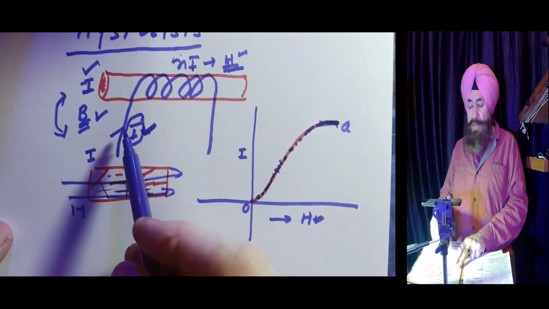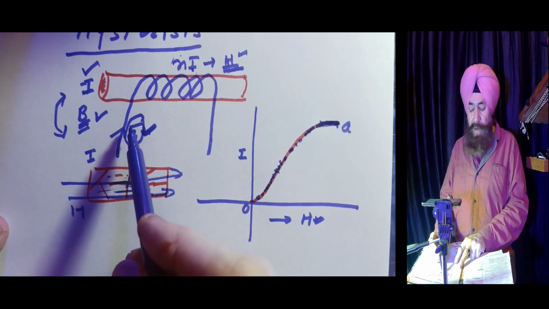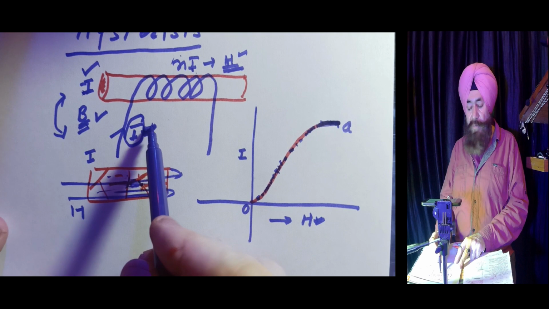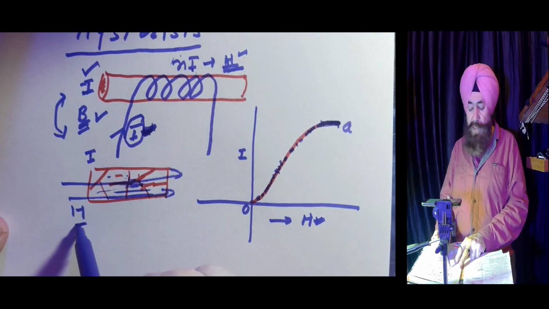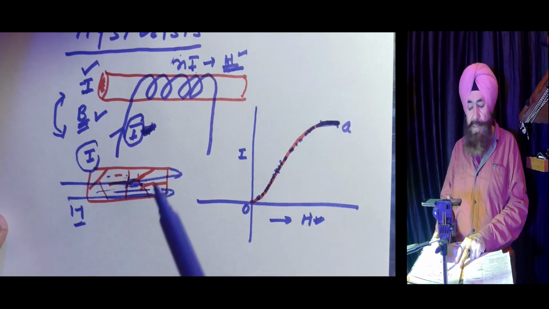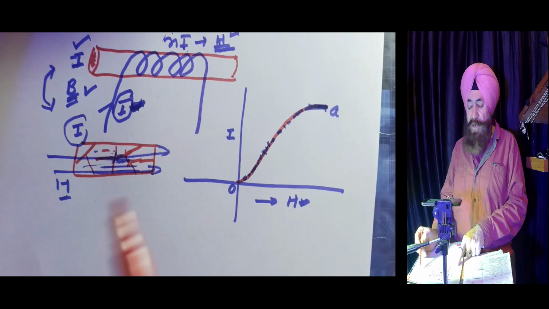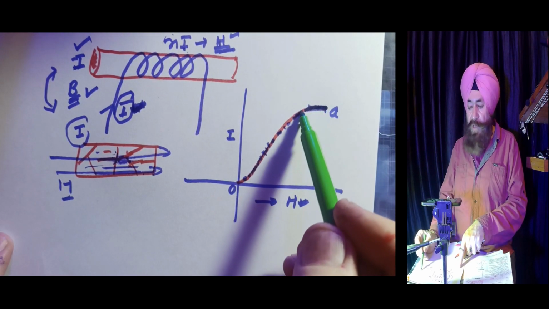Now next, what am I doing? Now I am going to decrease I. When I decrease I, H will decrease, and I will decrease. And we are thinking we should retrace the graph back along this side.